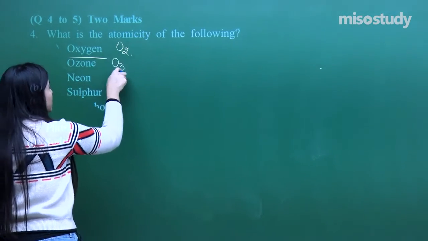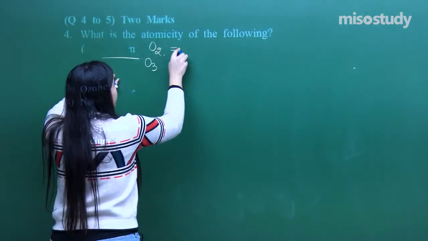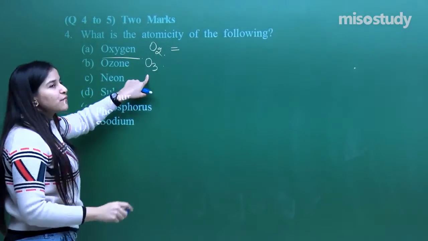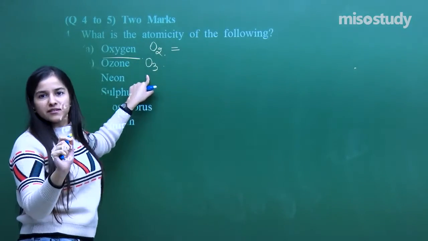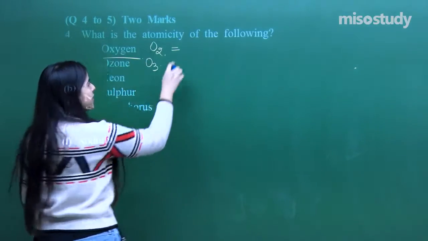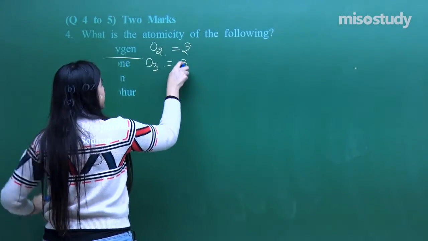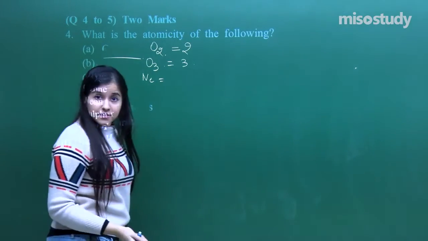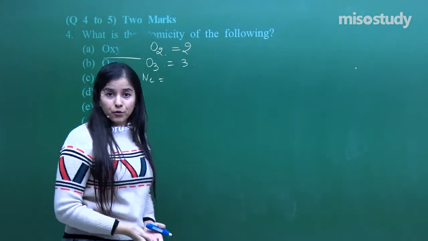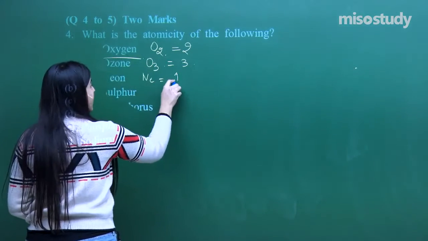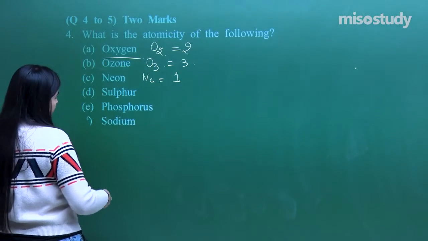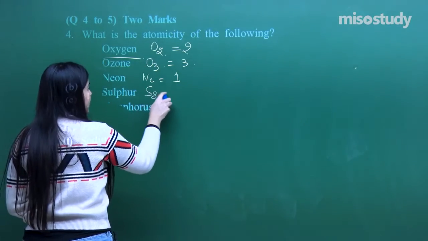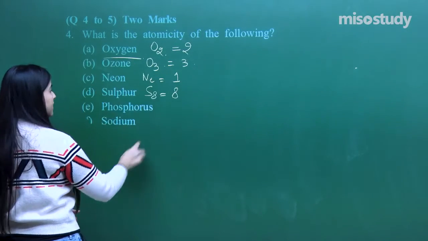Ozone, it exists as O3. So here the atomicity they are asking, they are not asking about the compound formula. So just remember atomicity will be 2, atomicity will be 3. Neon, it is a stable gas, it is an inert gas, it does not combine with any other atom, okay. So it is having 1 atomicity. Now sulfur, it exists as S8, 8 is the atomicity.